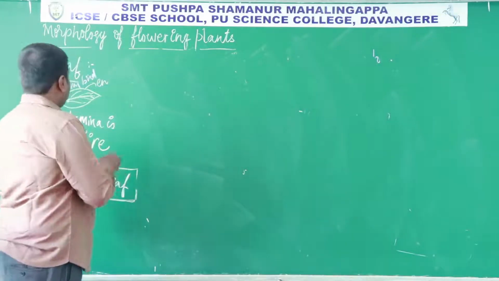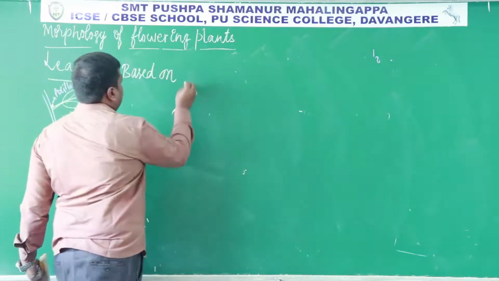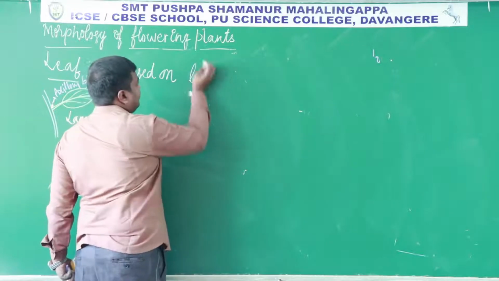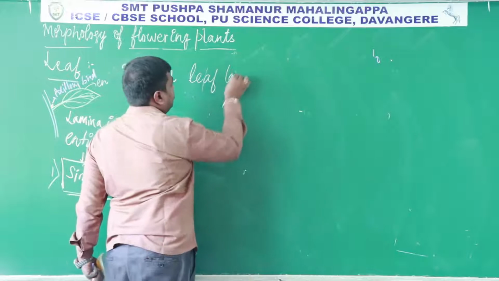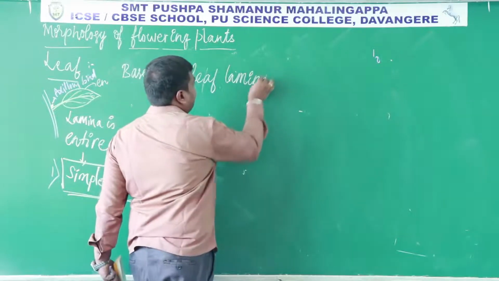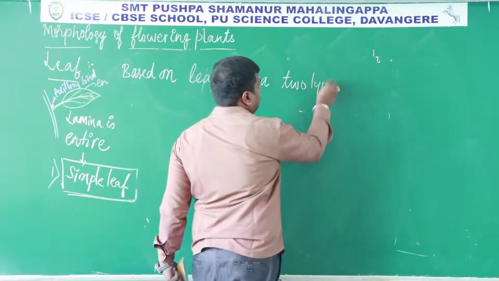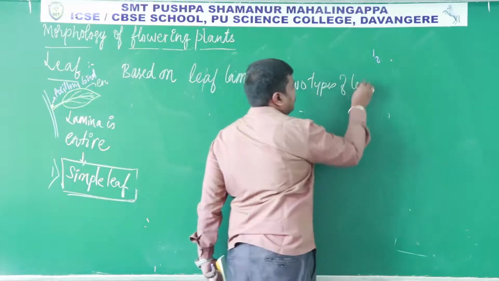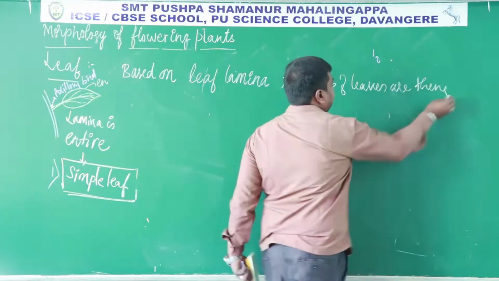So based on leaf lamina, two types of leaves are there.